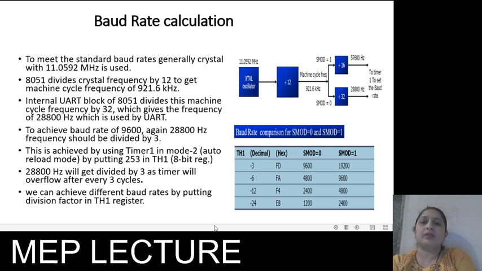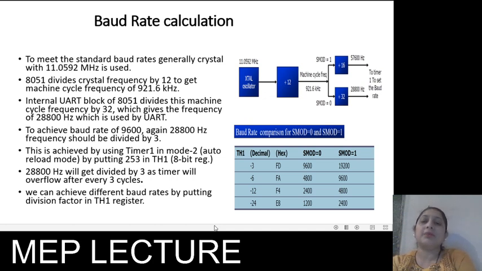If we look at the values, we can see that the baud rate doubles compared to the previous value: 1200 doubled is 2400, 2400 doubled is 4800, 4800 doubled is 9600. So like that the values of TH1 will be changing from minus 3, minus 6, minus 12, minus 24 in decimal, and in hex, FD, FA, F4 and E8.